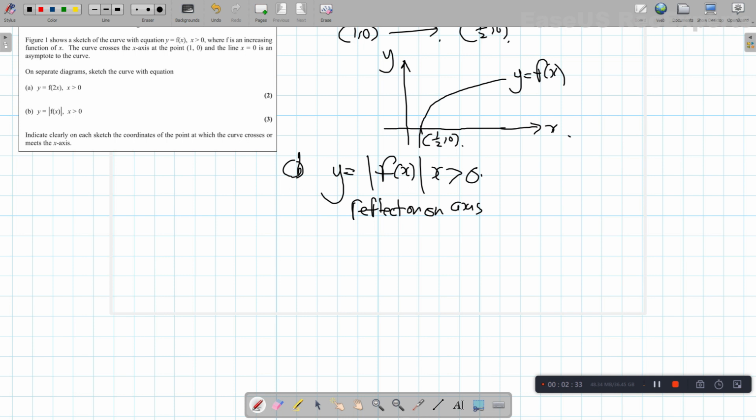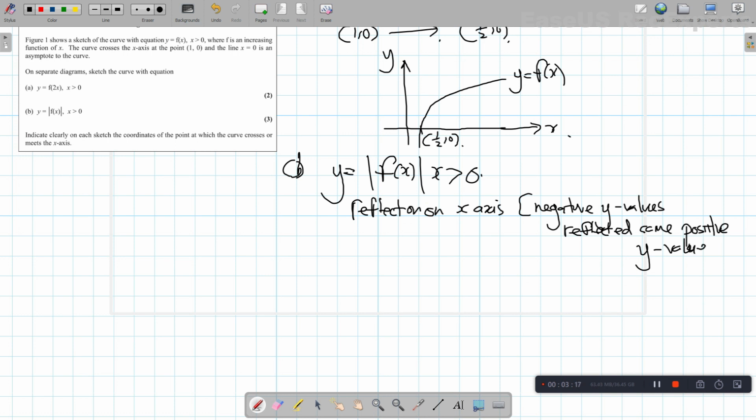So basically all the negative y values below the x-axis will be reflected to the same positive y values above the x-axis. That's what modulus means.